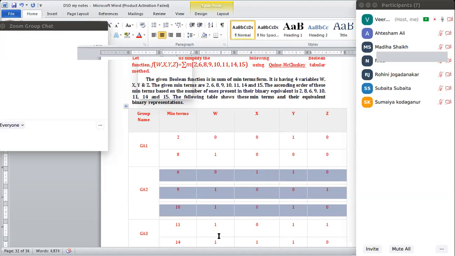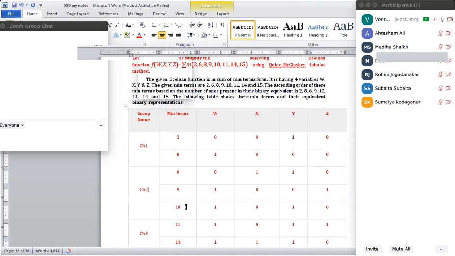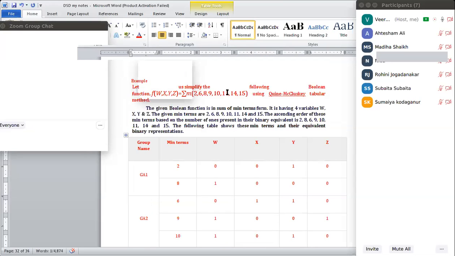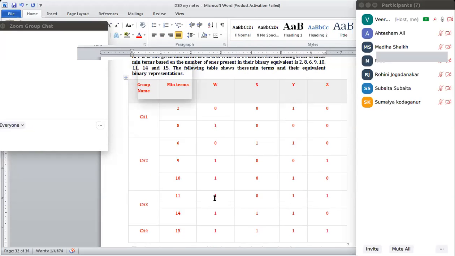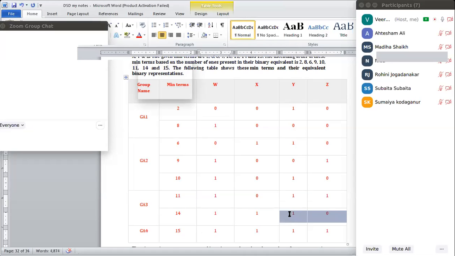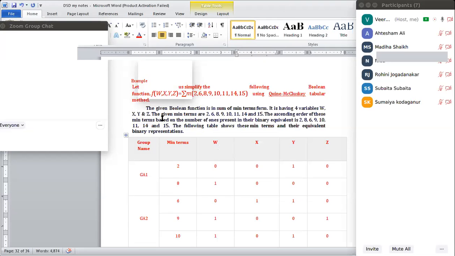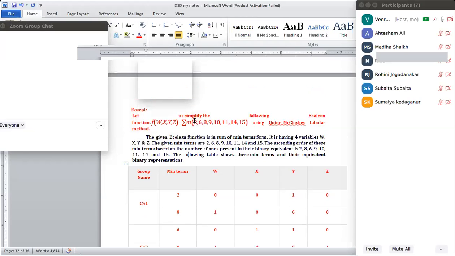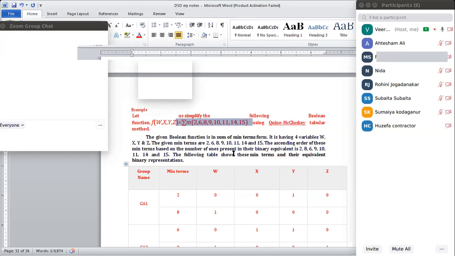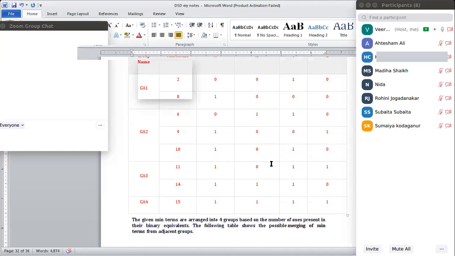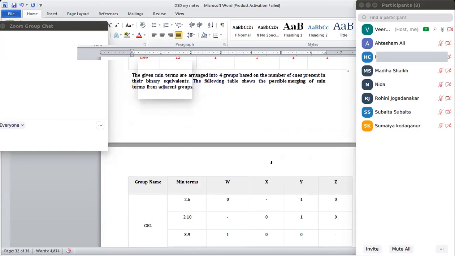So I'll make another group here, and then a third group where 11 and 14 have three ones in the binary form, and 15 has four ones. So this is the first step: I have to arrange these minterms in ascending order, based upon the binary numbers present in them. That was the first step that we have discussed.